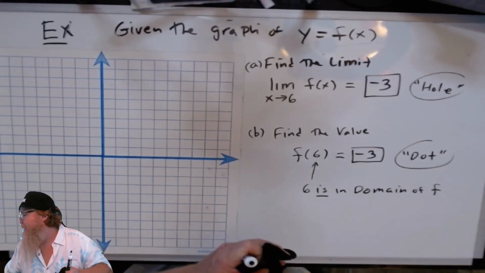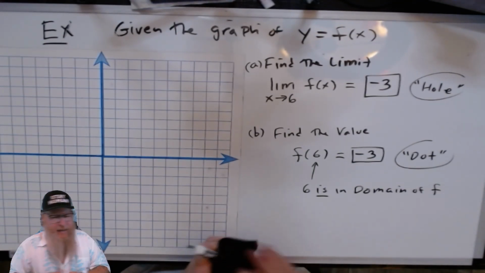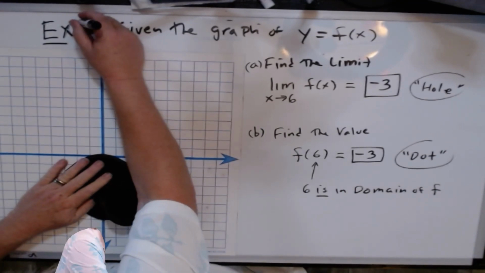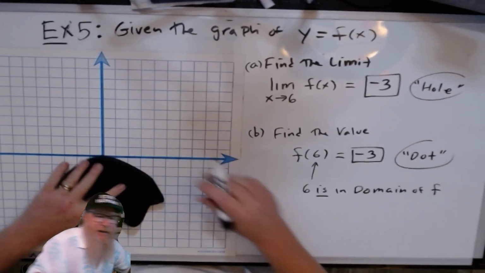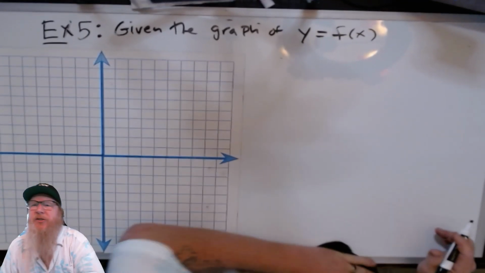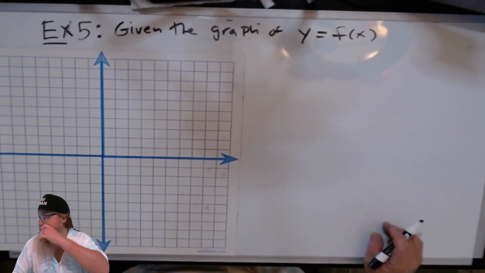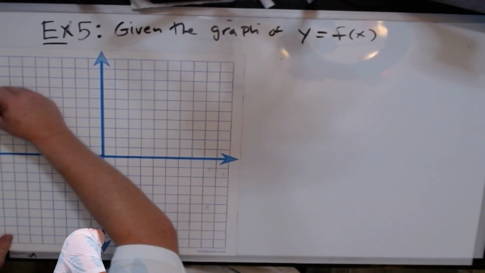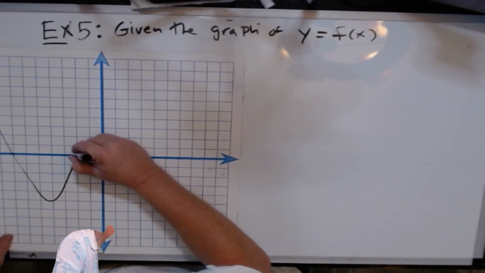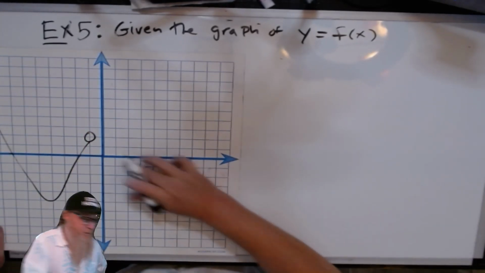Okay, well, one more example that's a little bit more complicated, although I shouldn't really say that it's more complicated. I should just say that it has more parts, that's all. It's the same complexity, just with more parts. So we have some function. It's got a hole. That's terrible.